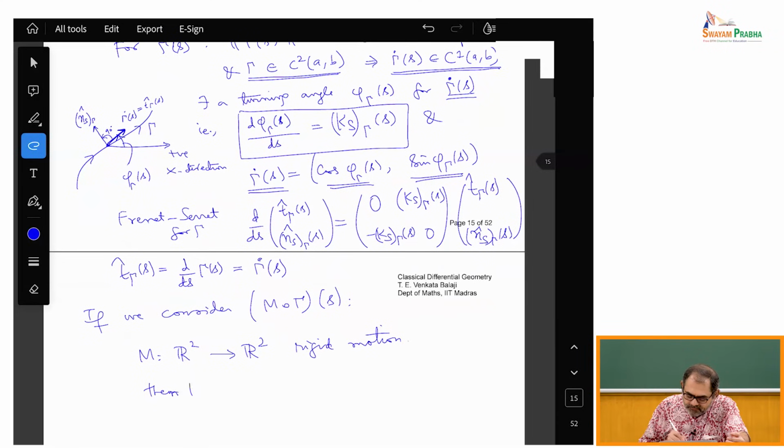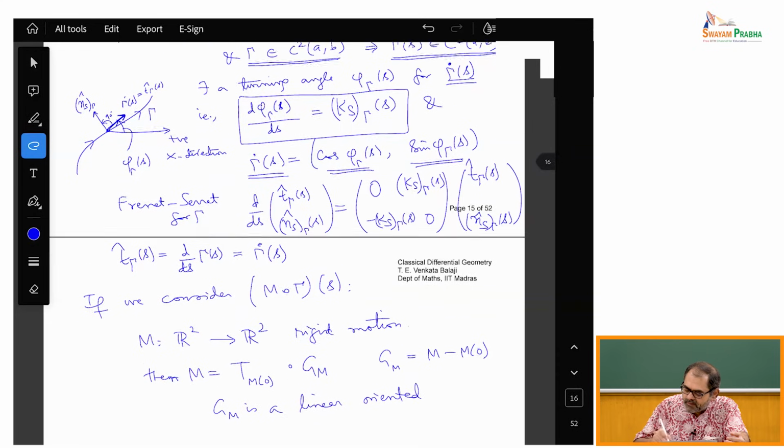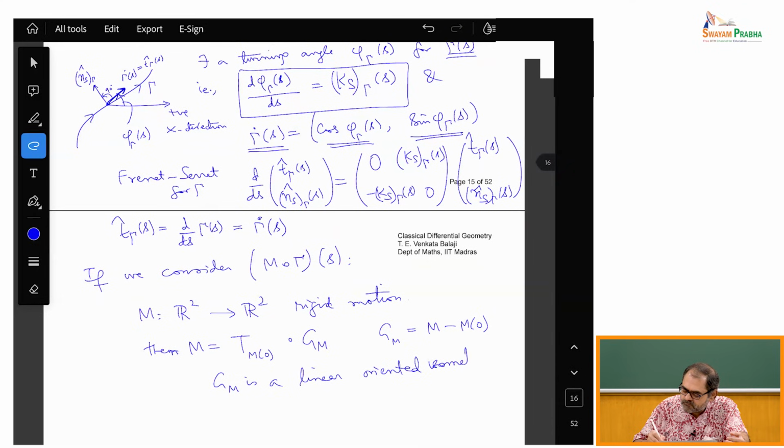Then your M is actually translation by m0 composed with g sub M, where g sub M is just M minus m0, and this g sub M is a linear oriented isometry of R2.